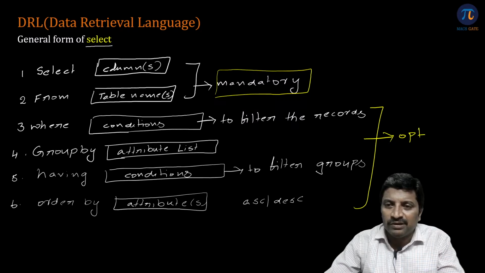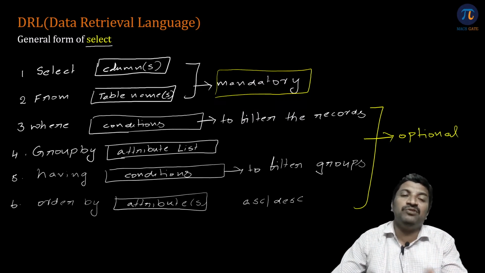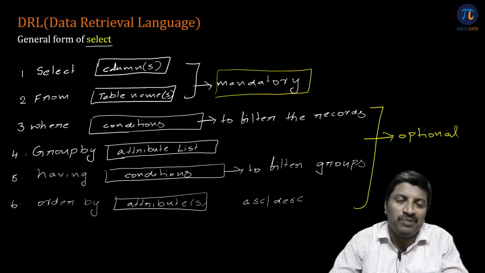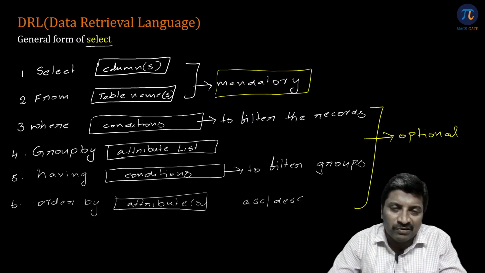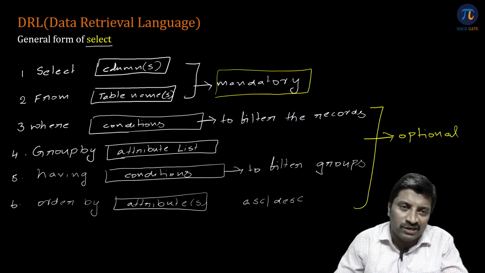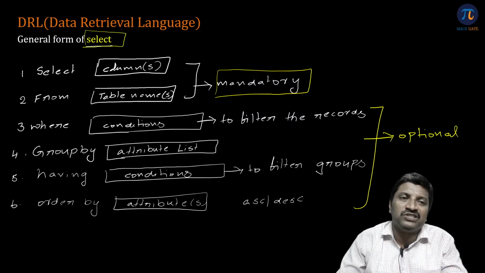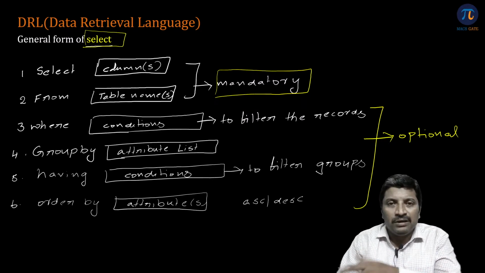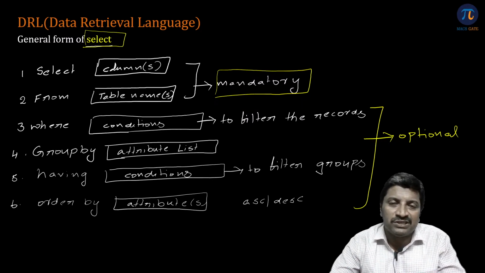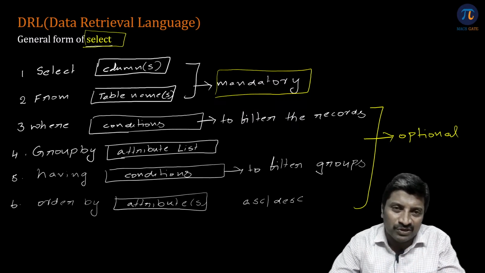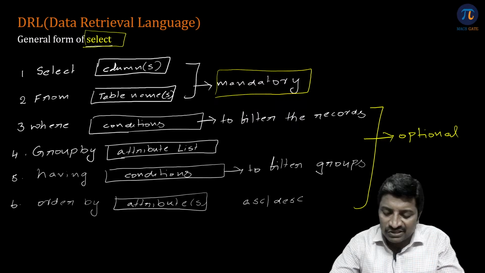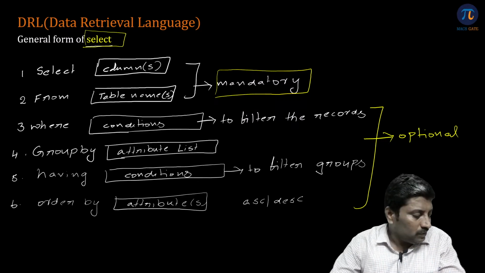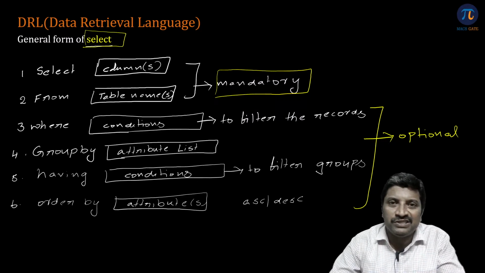Sometimes we may not need these four, sometimes we may need them. From the GATE exam point of view, they mainly concentrate on the select command only, so we are giving more preference to it. In the upcoming examples, we will discuss different possible questions and how to use all these keywords. So let us start the examples. If you have any doubts, please raise them in the chat box.